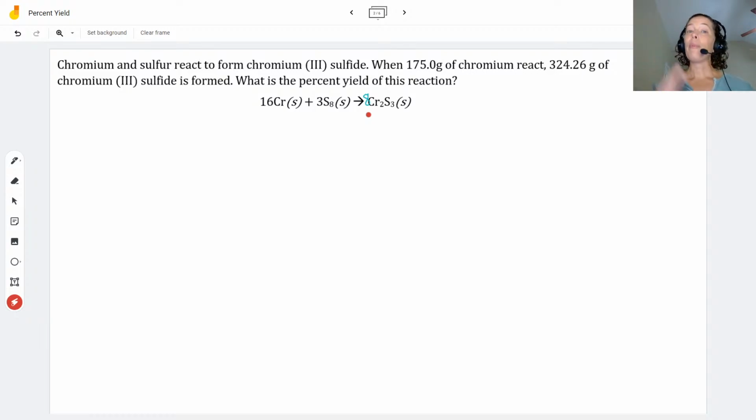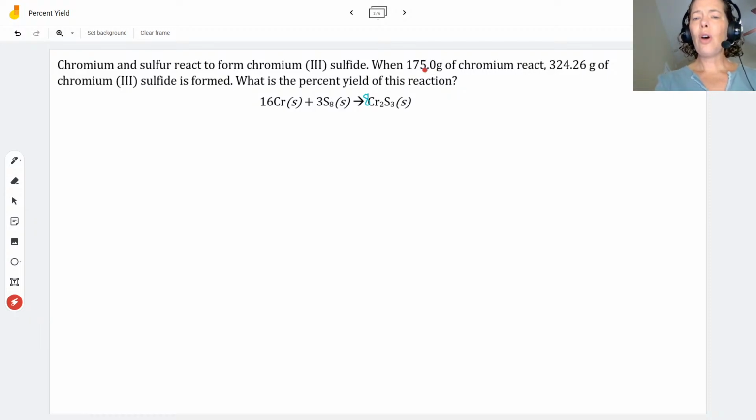Now, again, remember, when we're doing any type of stoichiometry, whether it's percent yield or limiting reagent or solution stoichiometry or gas stoichiometry, we're always going to go through moles at some point. So I do want you thinking in terms of moles as soon as you see stoichiometry come into view here. Okay, so this is a stoichiometry problem. Specifically, we're calculating the percent yield of this stoichiometry problem.